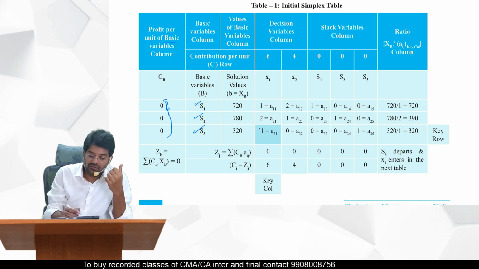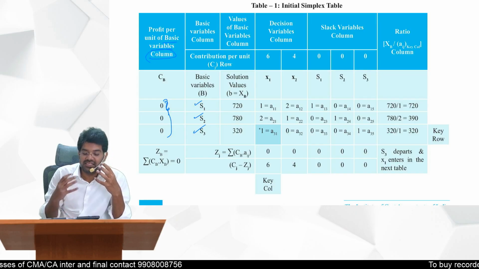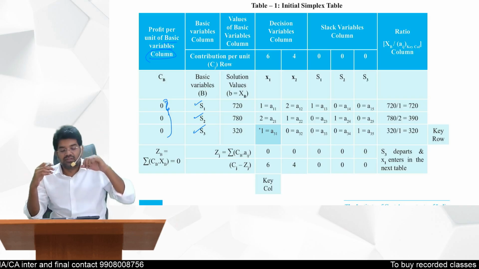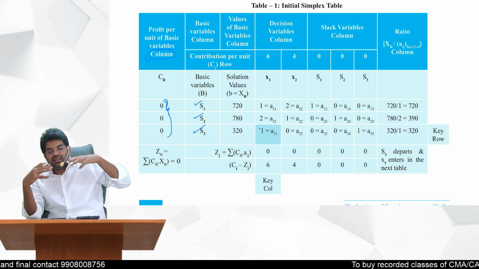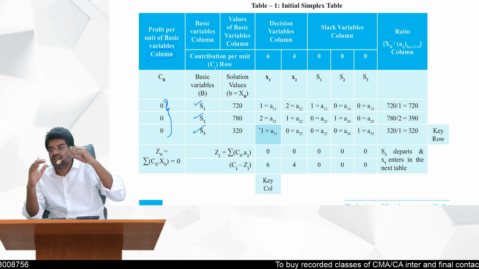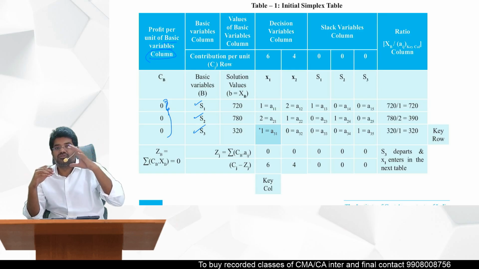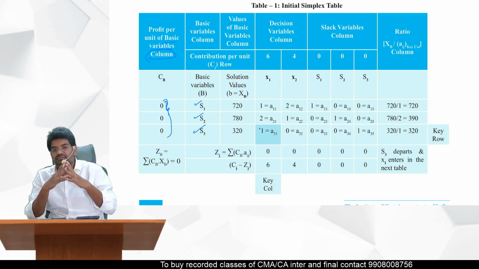Profit per unit of basic variable column. What will be the profit per unit if you take program variables as s1, s2, s3? What is a program variable? That you should understand. First we are going to start by assuming that our x1, x2 is equal to 0.